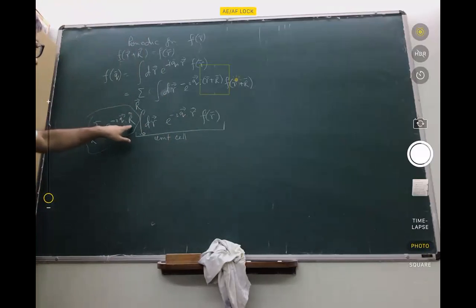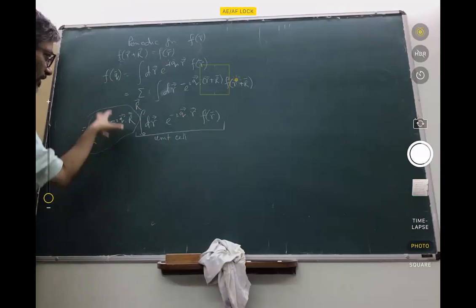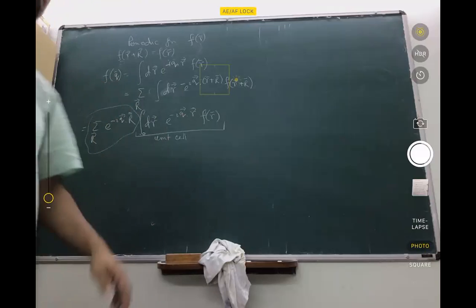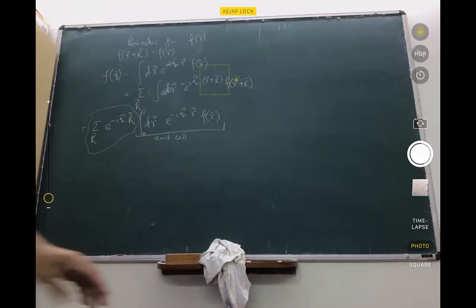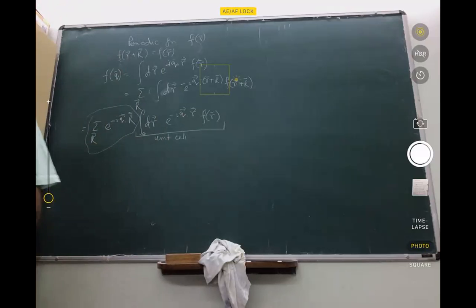So this sum will give me a non-zero contribution only when these things add up in a constructive way. In other words, when q is G, I'll have all these terms equal to 1, so I'll get a non-zero contribution. In other cases, for a general q, this will give me 0 because I'm summing over all R's.